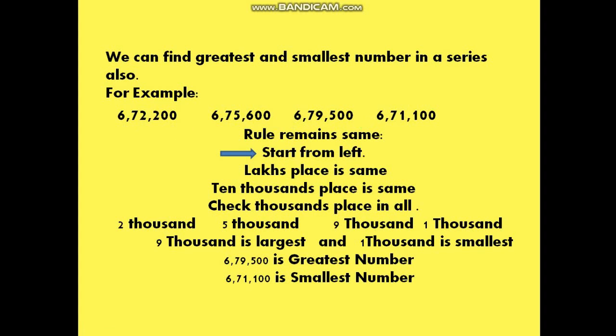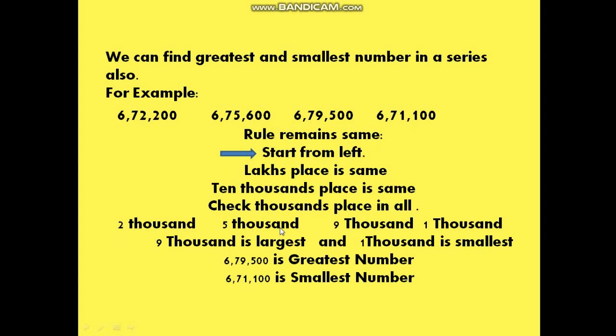So we are going to look at the digits at 10,000 place. 7, 7, 7 and 7. So all the digits at 10,000 place are the same. So we will move on to thousands place. 2, 5. So they're different. 9 and 1. So let's see their place value.